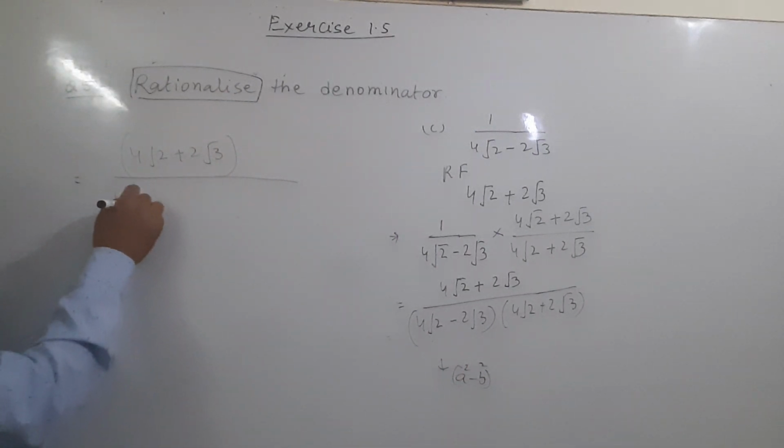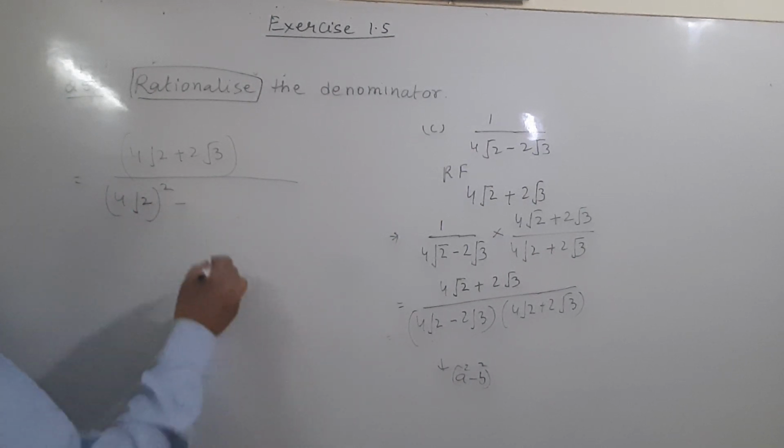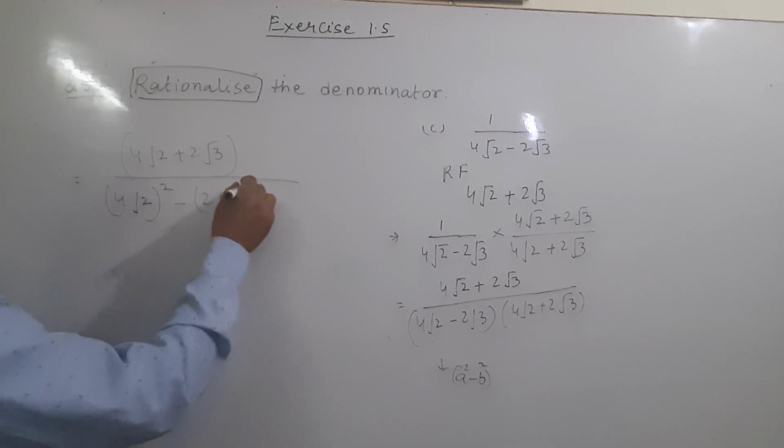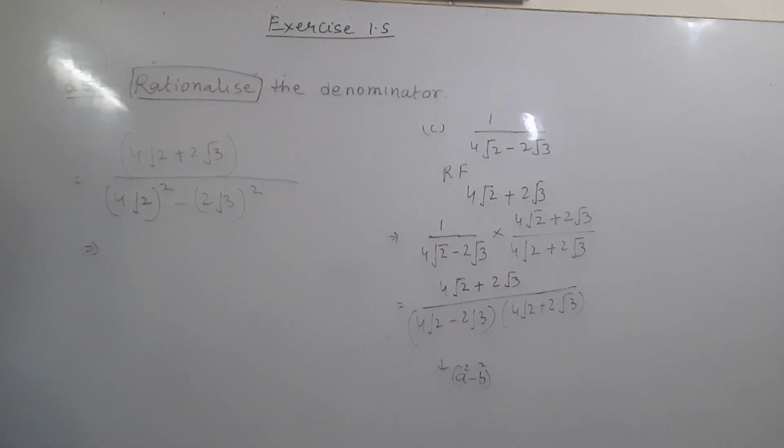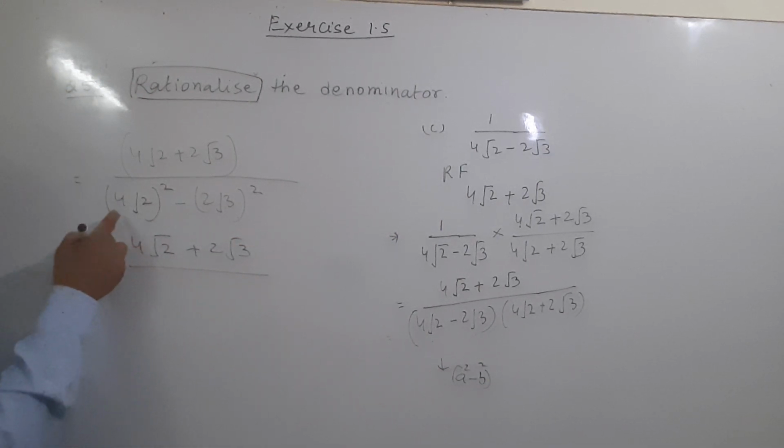What is a? 4 root 2 whole square minus 2 root 3 whole square. The numerator will be the same, 4 root 2 plus 2 root 3, upon the square of this one. For the square, which one do we apply? The square of a root b whole square means the square of a and the square of root b.